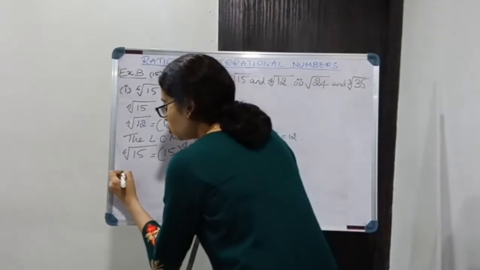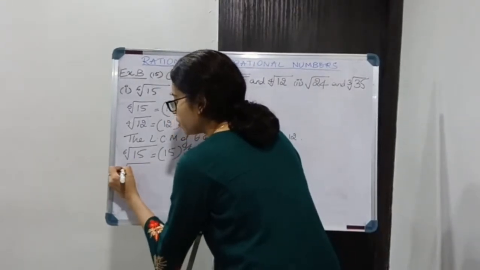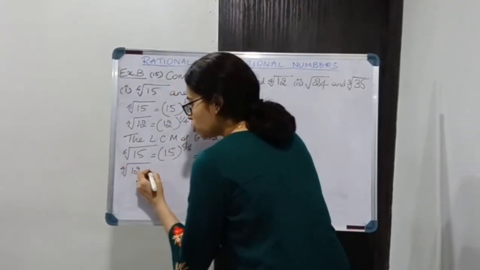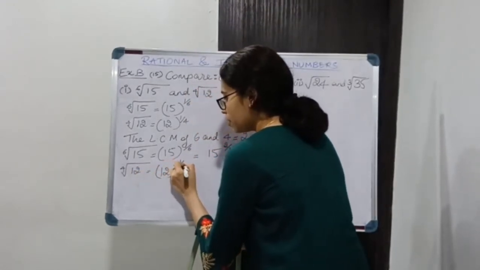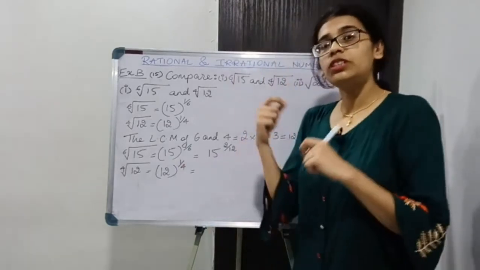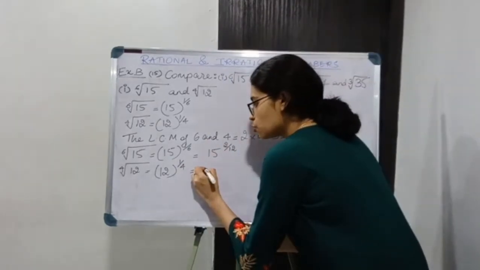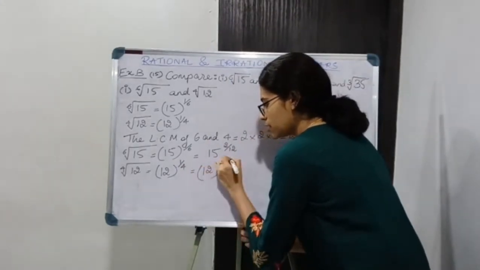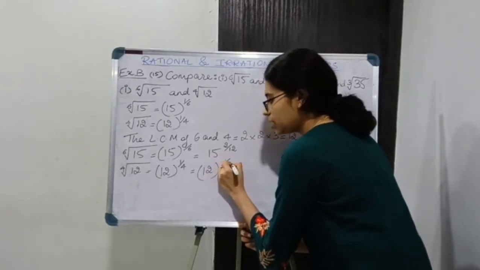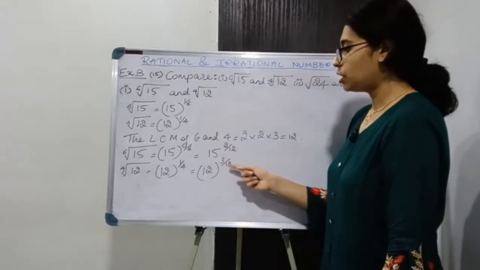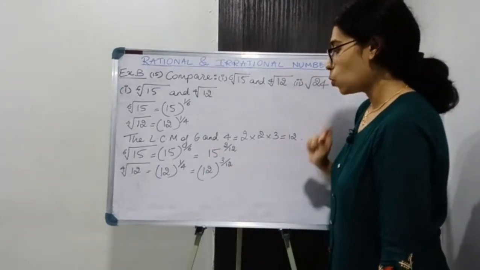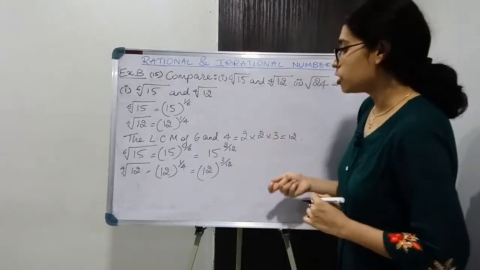Similarly 4th root of 12 will be written as 12 raised to 1 by 4. 4 into 3 will give you 12. So I multiply by 3, तो numerator में भी I'll multiply by 3, so I get 3 by 12. Now the next step is the most important step.